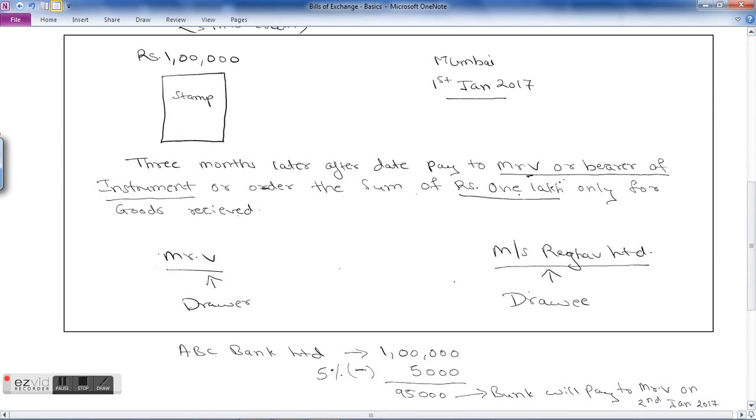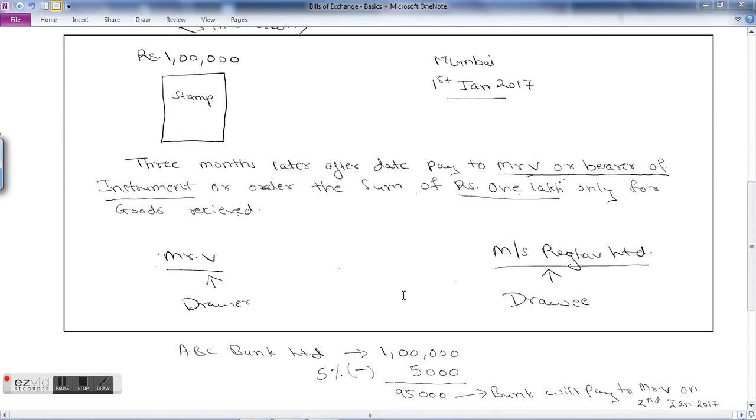So this was about the bill of exchange. Now we will see what is a promissory note. A promissory note is an undertaking. In case of a bill of exchange, a seller has drawn the bill and the buyer has accepted it.